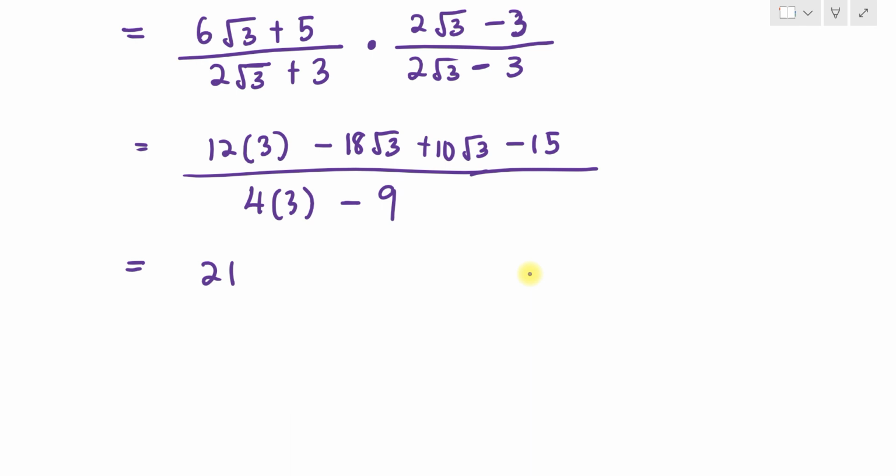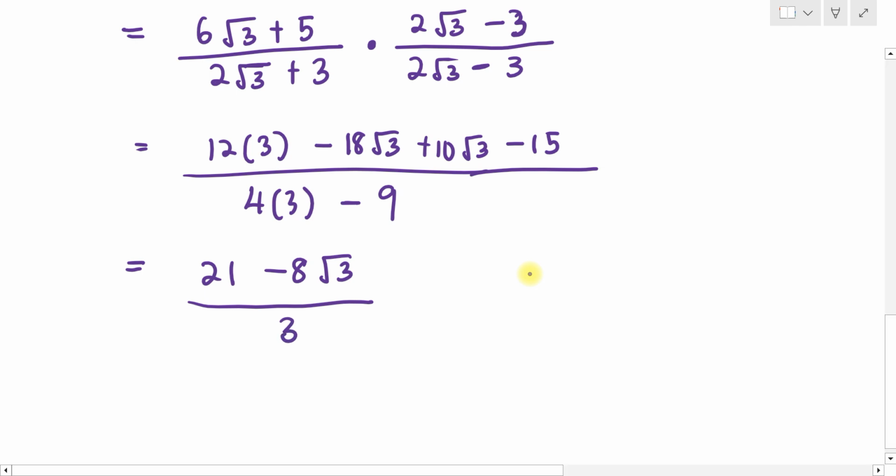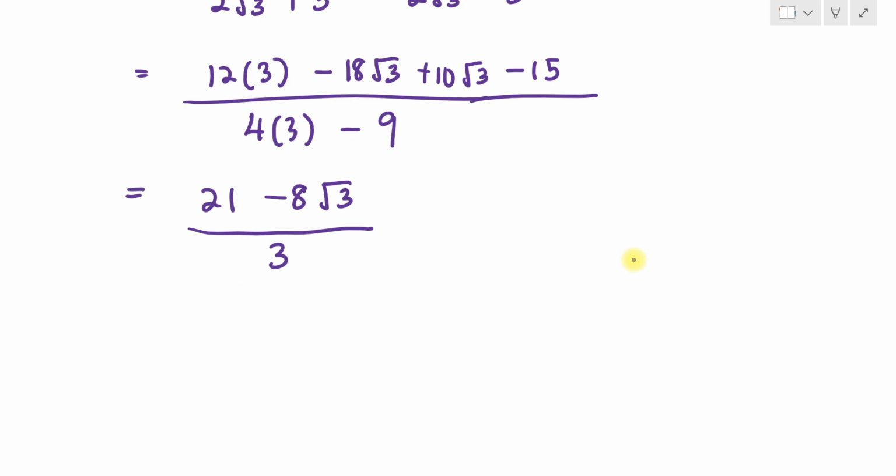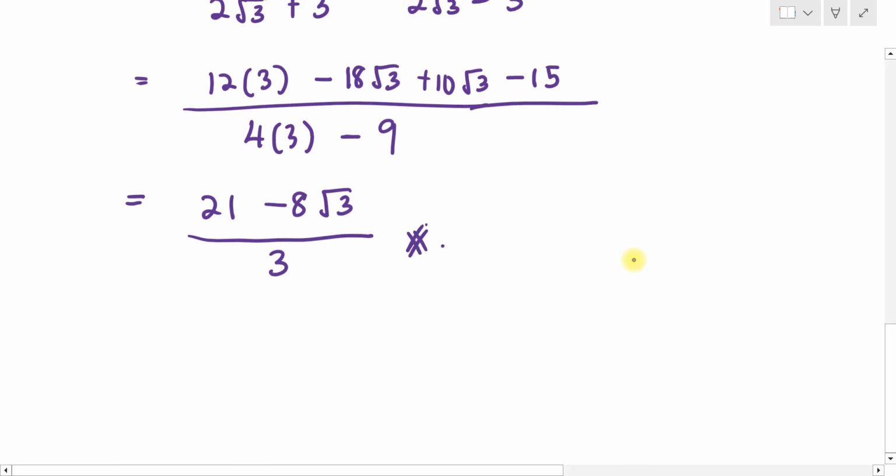And then minus 18 plus 10 should be minus 8√3, over 4 times 3 is 12. 12 minus 9 is 3. Okay, it is 3. So that will be your answer, I guess. 21 minus 8√3 over 3. There, your answer. Alright, that's how you do question 10.